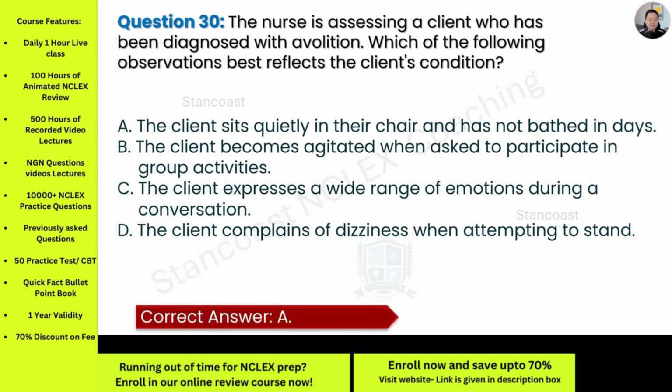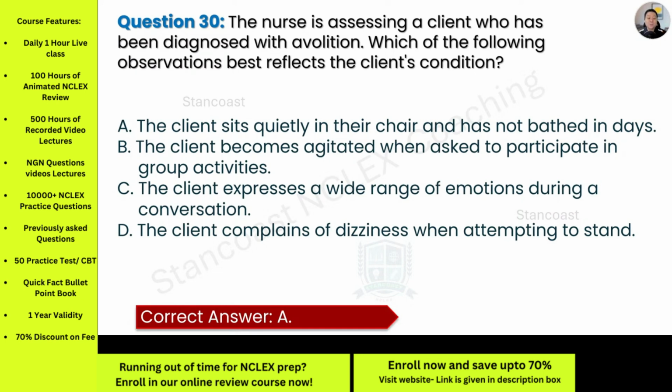Your answer here should be letter A, because avolition is a symptom of schizophrenia that involves the lack of motivation to initiate and engage in activities, even those that are necessary for daily functioning, like bathing, eating, or participating in social interactions.